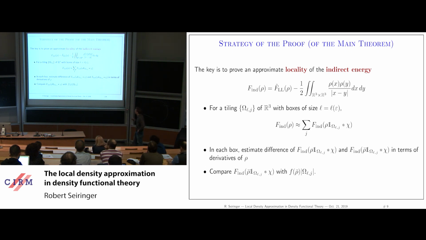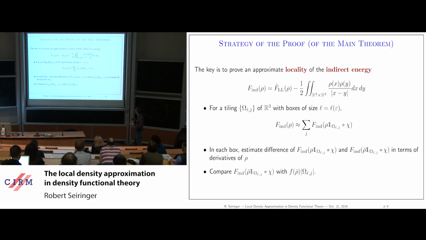What this means is, if you think of splitting space up, say tile the space with some boxes, omega j, there will be some length scale which you're free to choose, which you will have to adjust depending on the local density. So that's the parameter L. Think of cubes of size L that will tile R3. This L is a free parameter, and that's where the epsilon comes in.